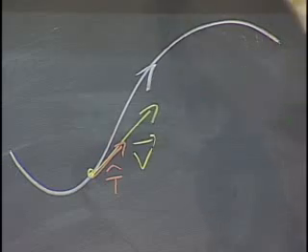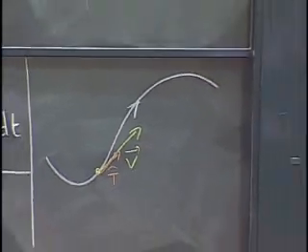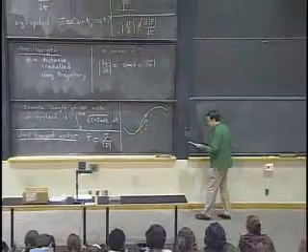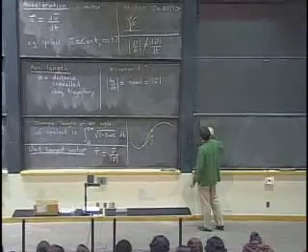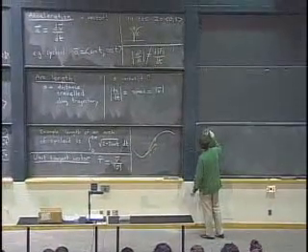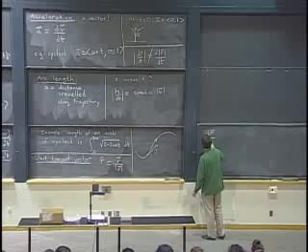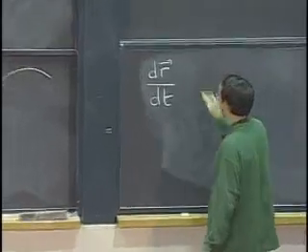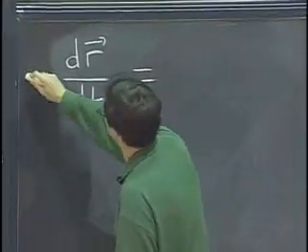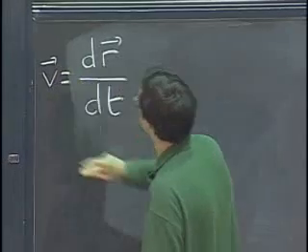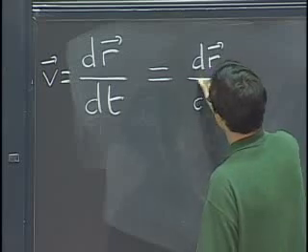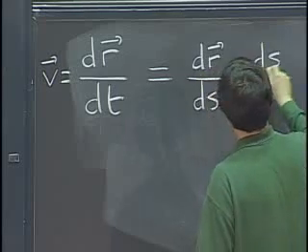So it seems like now we have a lot of different things that should be related in some way. So let's see what we can say. Well, we can say that dr by dt, so that's the velocity vector, is the same thing as, if I use the chain rule, dr ds times ds dt.